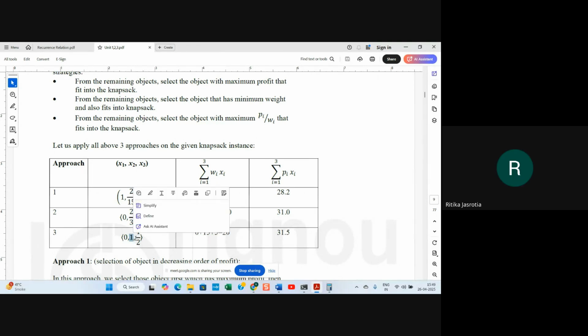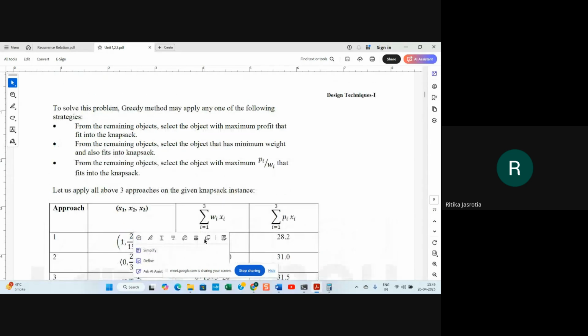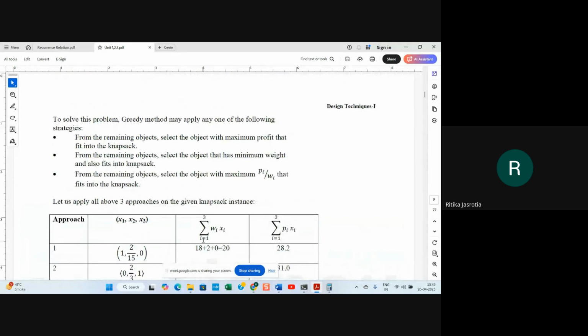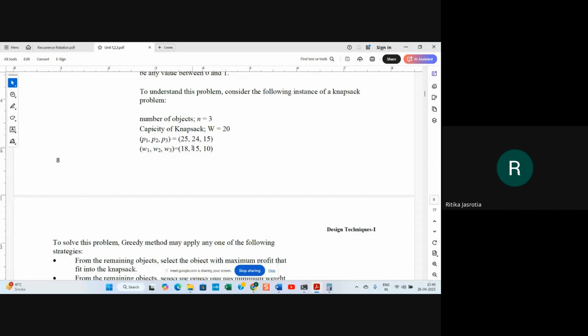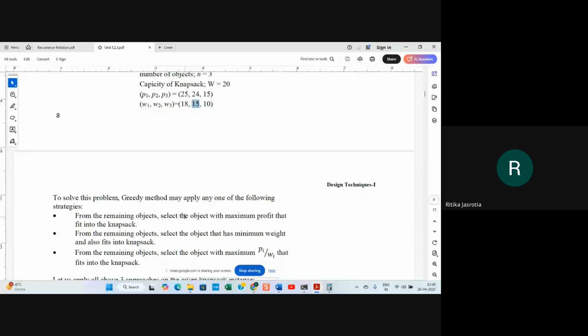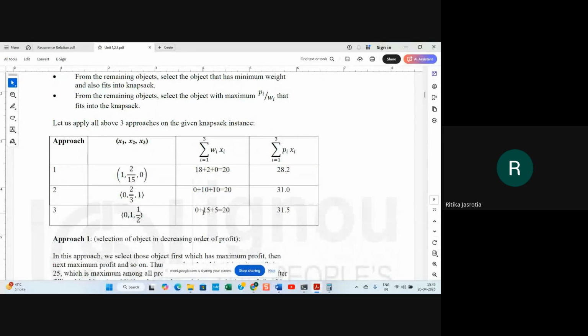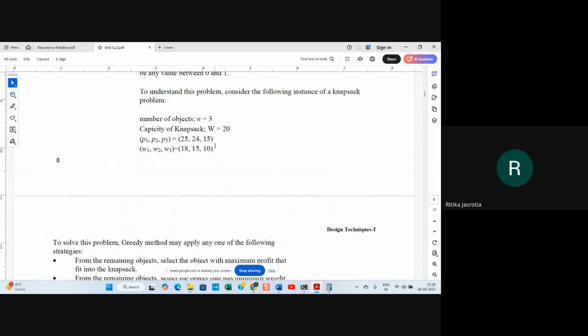So you will take that whole. 15 is the weight of that item, and you have taken that whole 15. If you have taken 15, how much is remaining here? 5 units are remaining, right?